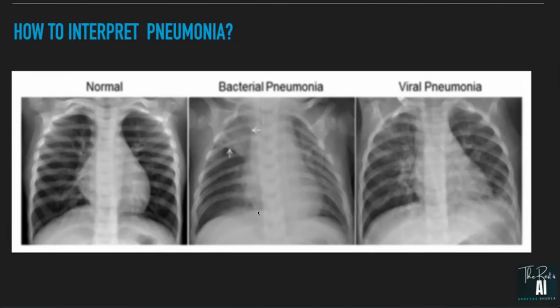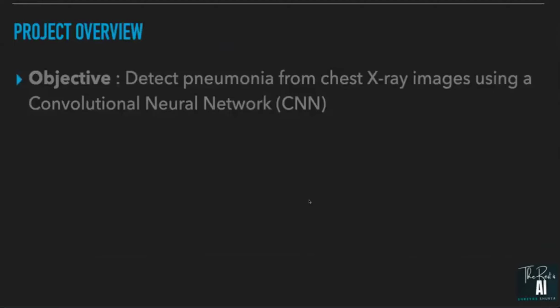Well, let us see what our project is all about now. The objective is really simple: we want to detect pneumonia from chest X-ray images using a CNN, which is known for its strong performance in image classification.